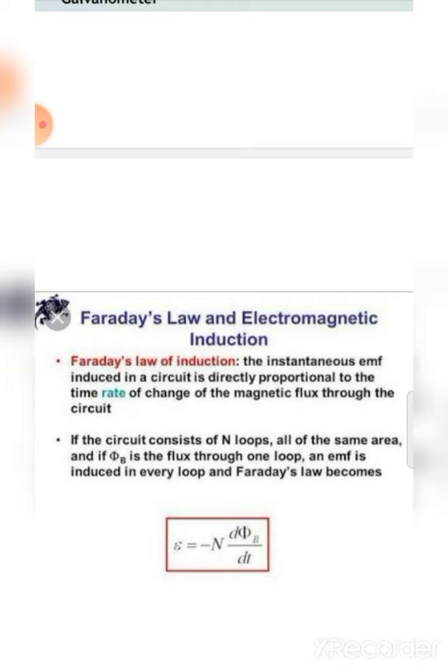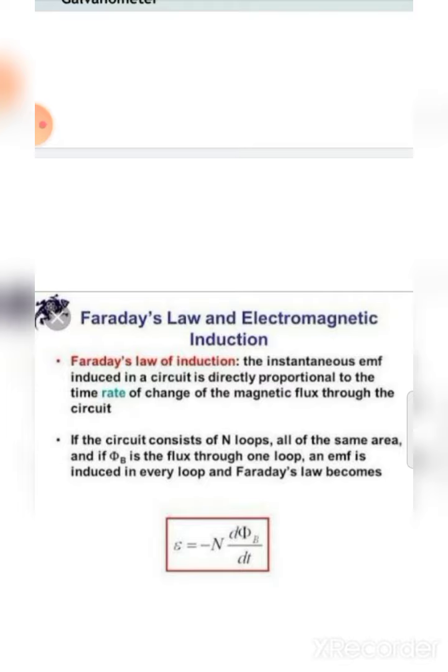If the magnetic flux linked with each turn of the coil changes by d phi B in a time dt, then the induced EMF is written as E is equal to d phi B divided by dt for a single turn coil. If the coil contains N turns, then the equation for Faraday's second law is written as E is equal to N d phi B divided by dt.